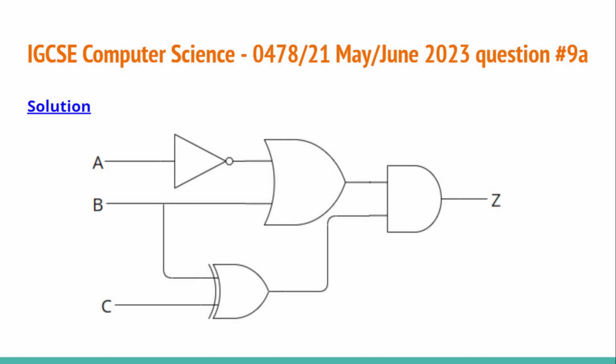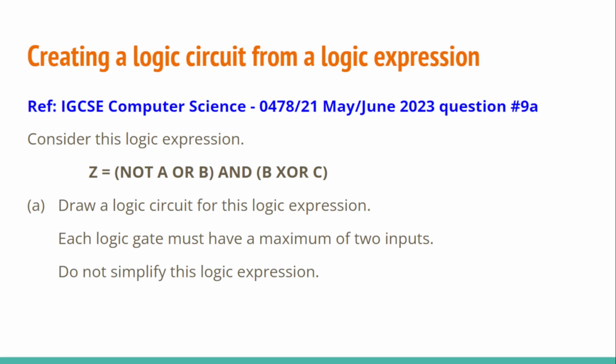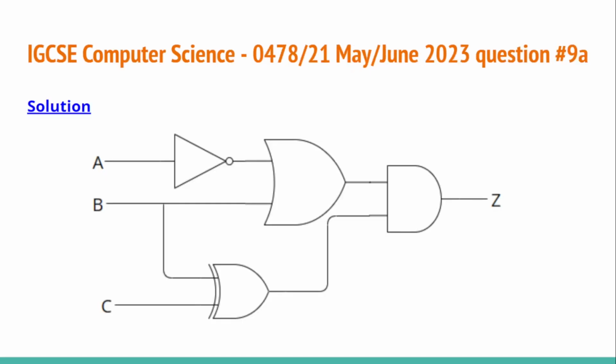As you can see, this logic circuit represents the solution to the question in the previous slide. In translation, not A or B, which is similar to what we have over here, and B XOR C gives us the output Z.